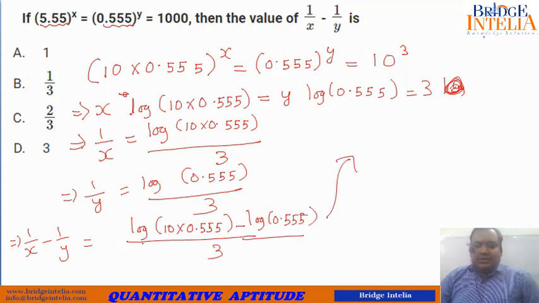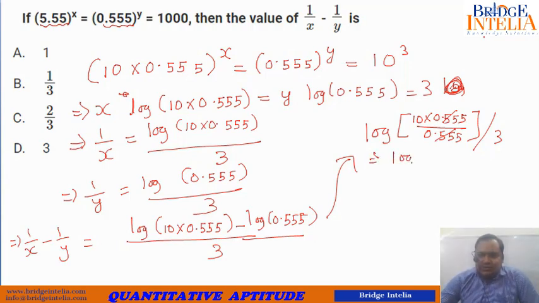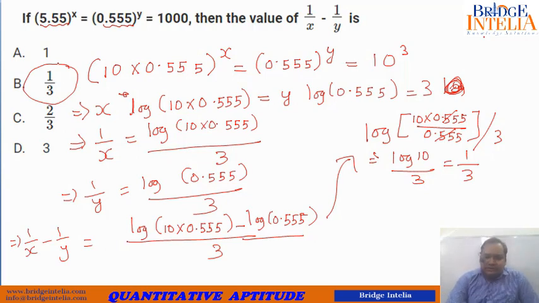Log a minus log b can be written as log a upon b. So this will be log of 10 into 0.555 whole divided by 0.555, and then whole divided by 3. This 0.555 and this 0.555 will get cancelled. So this is equal to log of 10 by 3. Log of 10 is 1. So the final answer would be 1 upon 3.